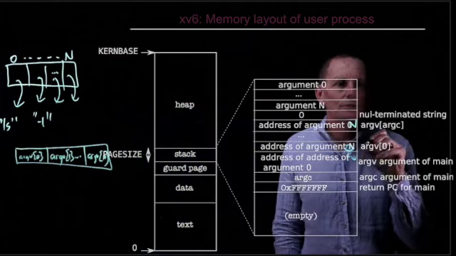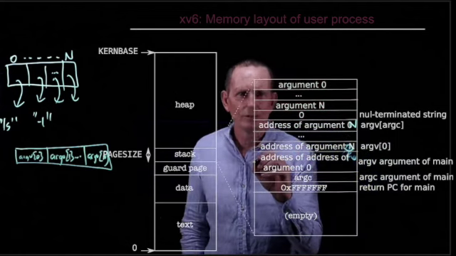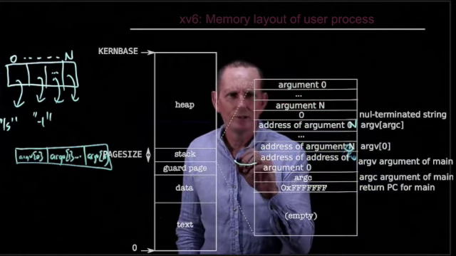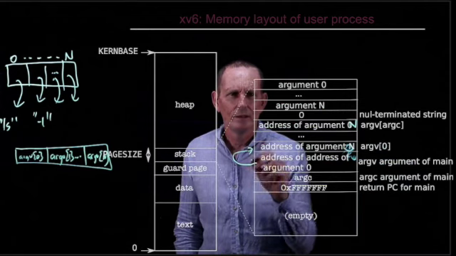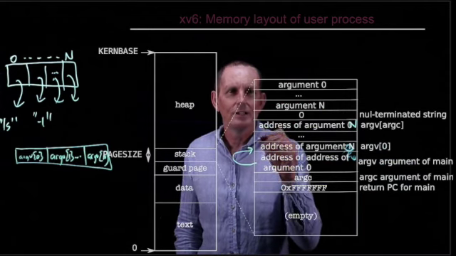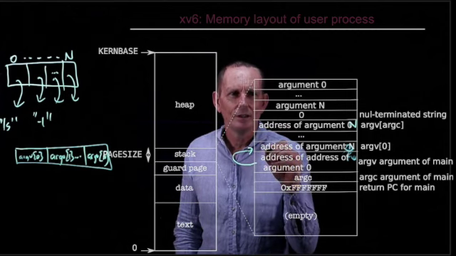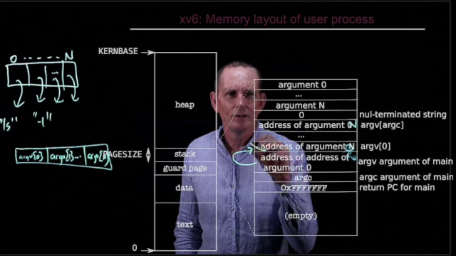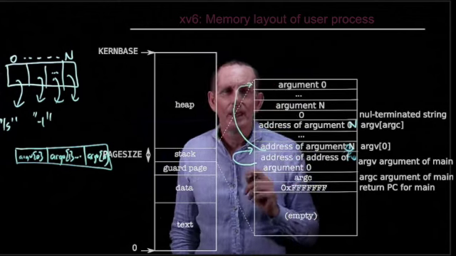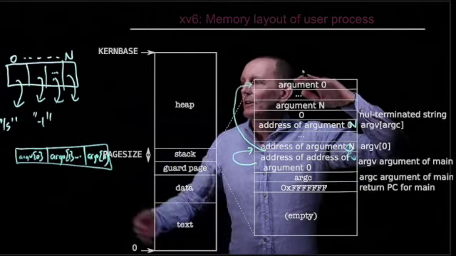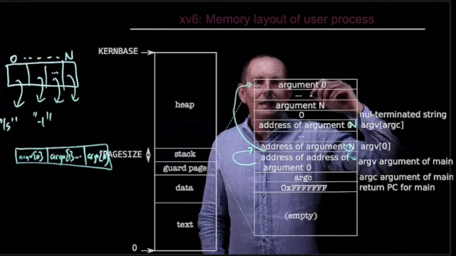So we have here a pointer to here. And this we can view as an array of n plus 1 elements. This one points up to here. And so we actually have argument 0, in this case ls, and it's going to be 3 bytes.